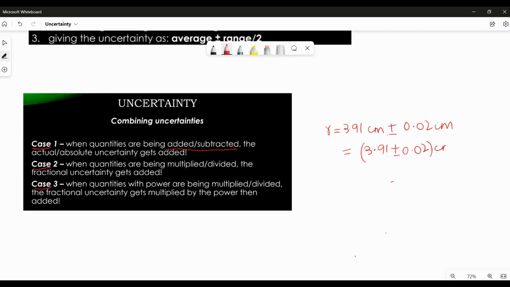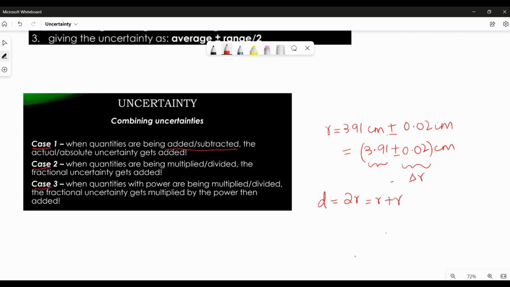So this is the representation of the radius with the average value of the radius plus minus its absolute or actual uncertainty. Now, if I have to calculate the diameter of this particular sphere from the given radius, we know the method. Diameter is twice the radius, or in other words, radius plus radius.